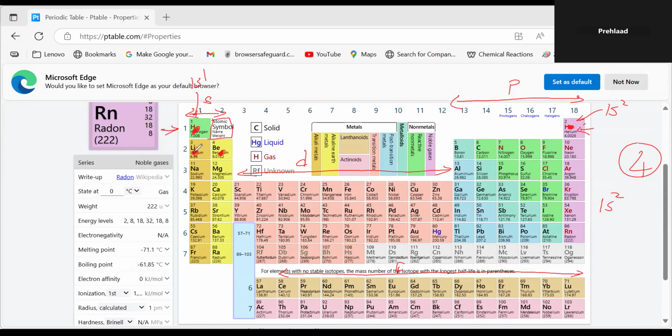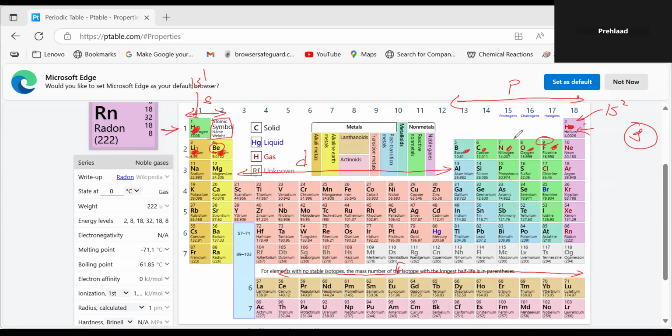Your second period is 2s1, 2s2. So you will say 2s2, and that represents the electronic configuration of beryllium. On the other hand, if my electron number is, let us say, 9, I count 1, 2, 3, 4, 5, 6, 7, 8, 9. So 9 means fluorine.